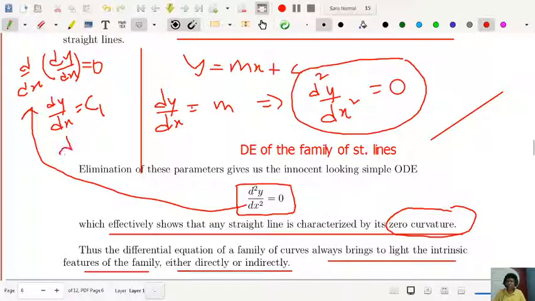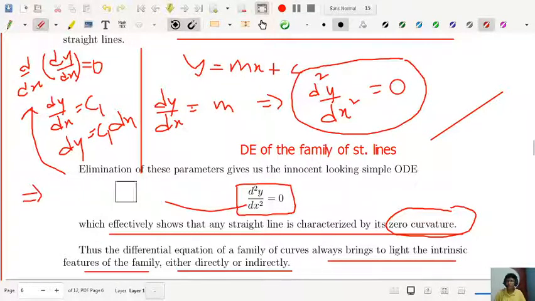If you integrate once again, you will get y equal to c1x plus c2. So this is the straight line I was talking about.